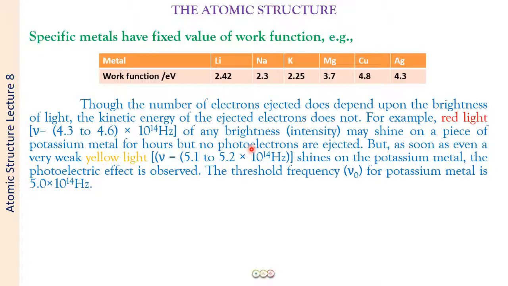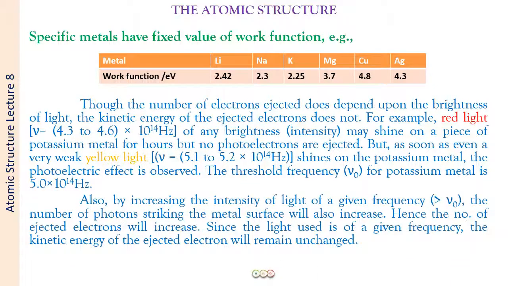No photoelectrons are ejected. But as soon as even a very weak yellow light with a frequency of 5.1 to 5.2 into 10 power 14 hertz shines on the potassium metal, the photoelectric effect is observed. Why? Because the frequency has increased. Fine. So this is what the photoelectric effect is.